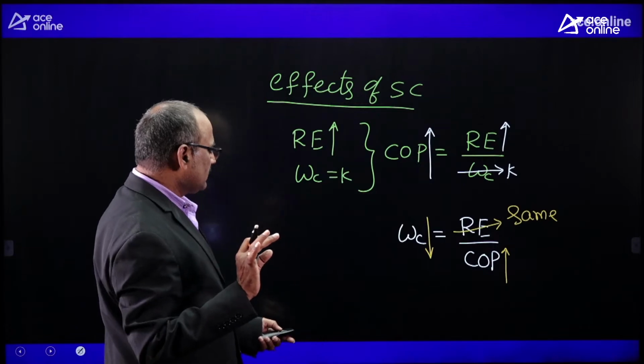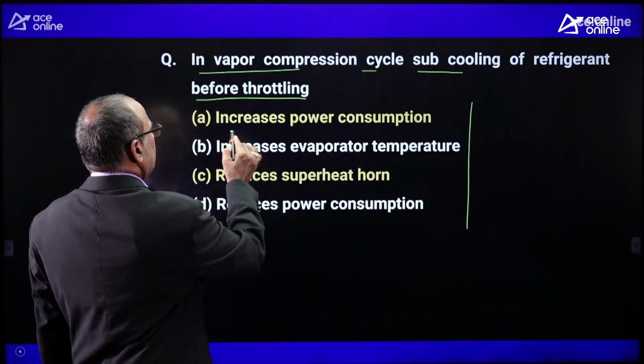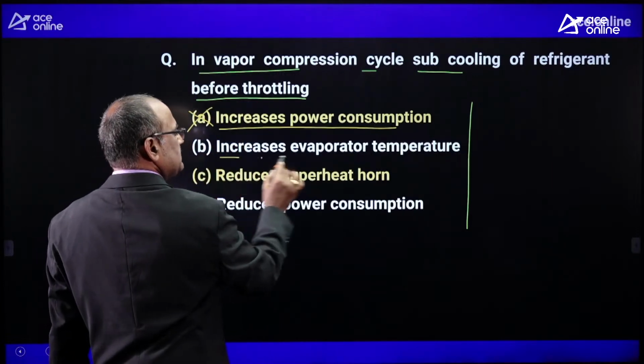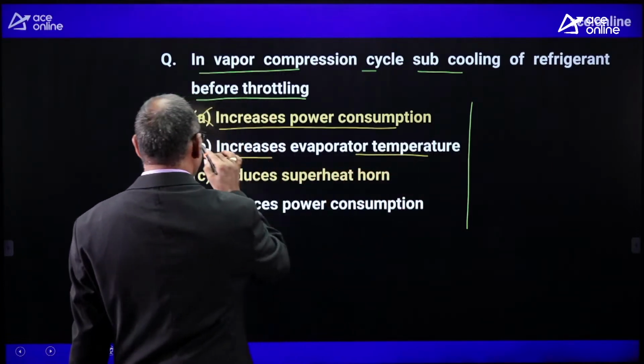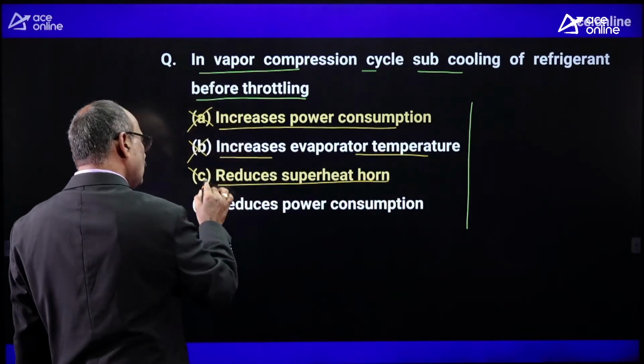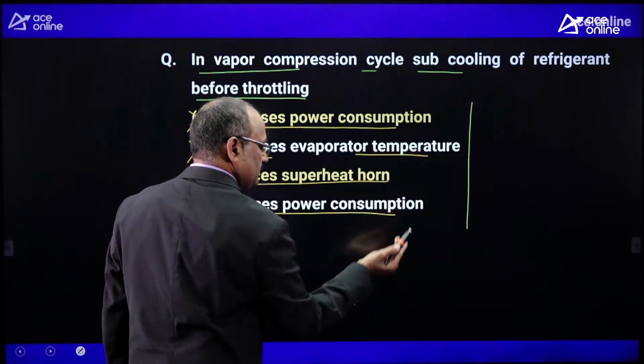Now look at the options. Increases power consumption? No. Increases evaporator temperature? No. Reduces specific heat? No. Reduces power consumption? Yes.